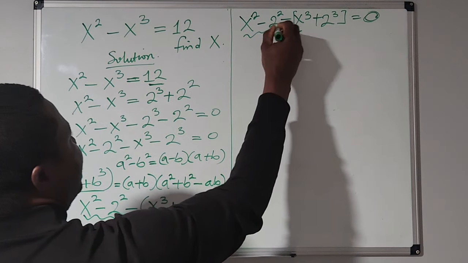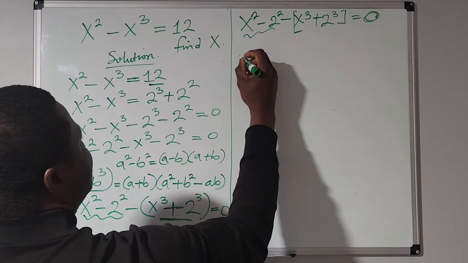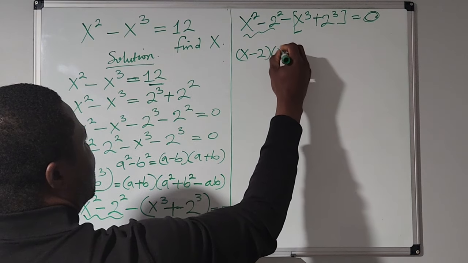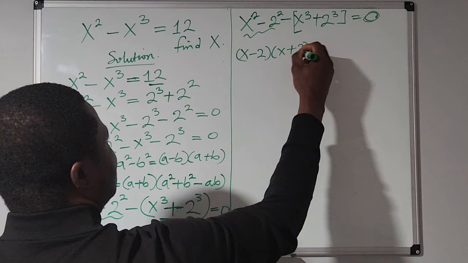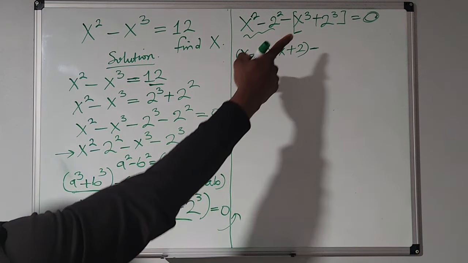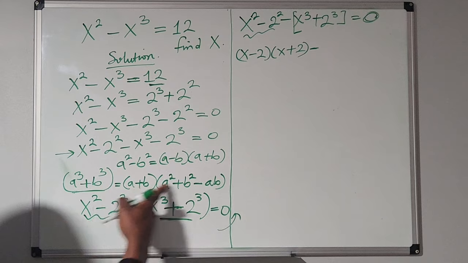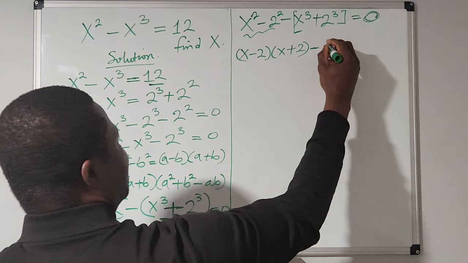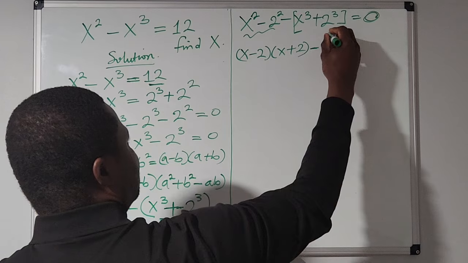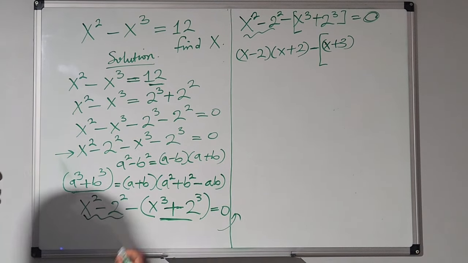Now, if we rewrite this, we have x minus 2, x plus 2, minus, and we rewrite x cubed plus 2 cubed in this format. We have x plus 2, let's put that in a big bracket.